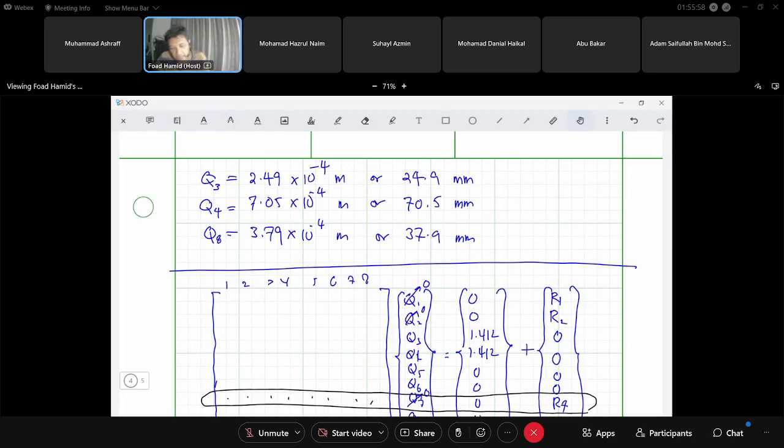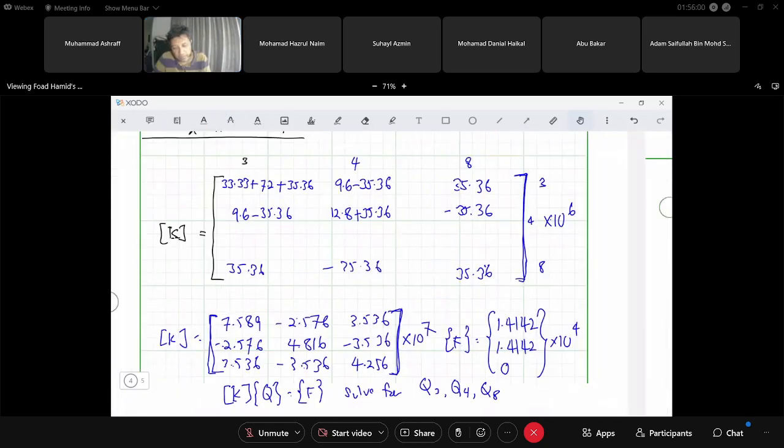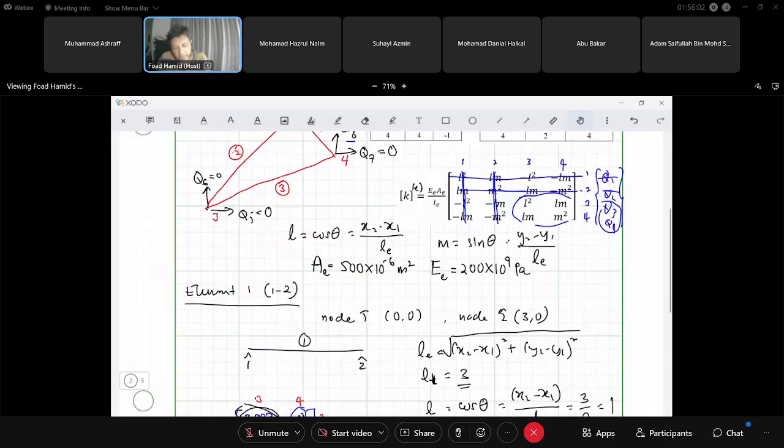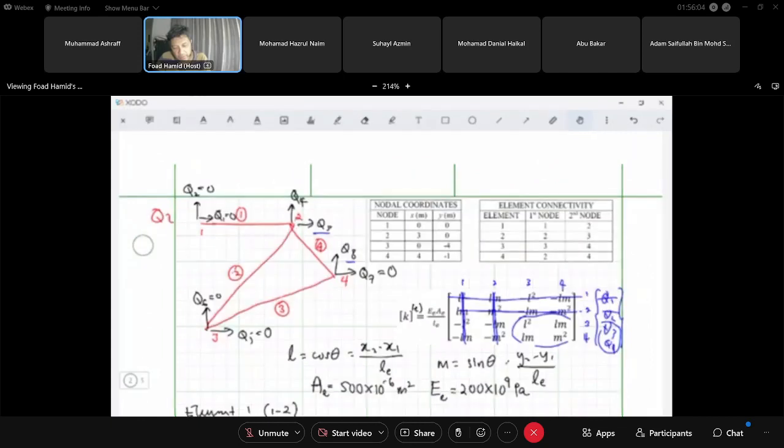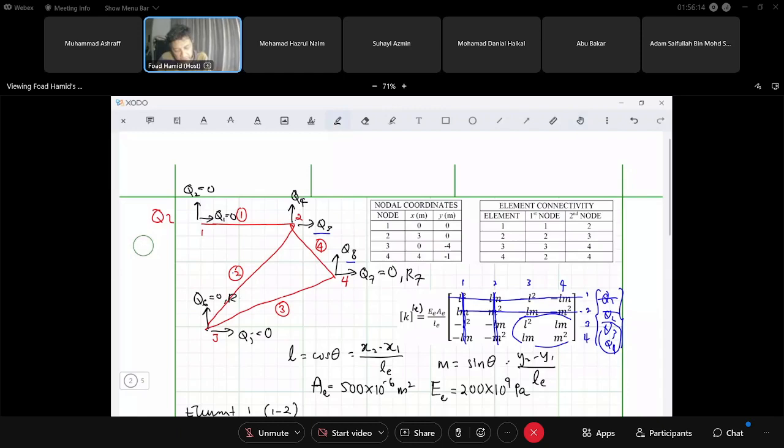Let's look at the element here. So which one is R7? R7 is here, right? Of course, when Q6 equals 0, then we have R6, Q5 equals 0, then we have R5. I think I made a mistake just now.